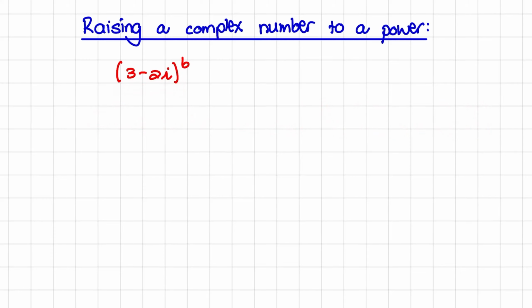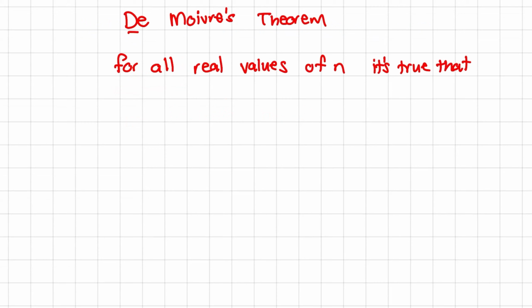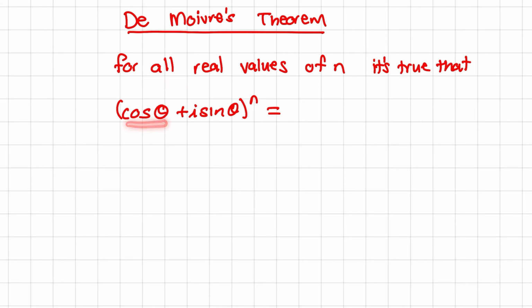So what I want to show you is a method built on De Moivre's theorem. For what De Moivre's theorem says is that for all real values of n, it is true that (cos theta plus i sine theta) raised to the power of n would be equal to cos n theta plus i sine n theta.